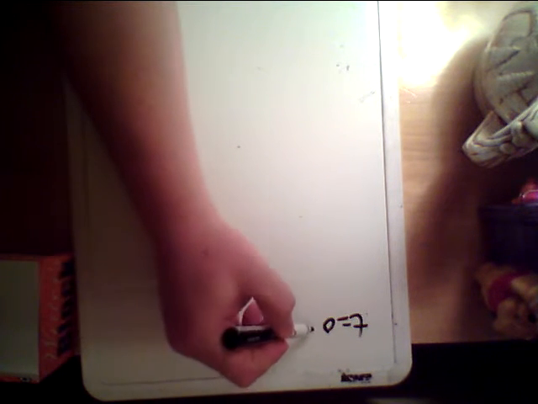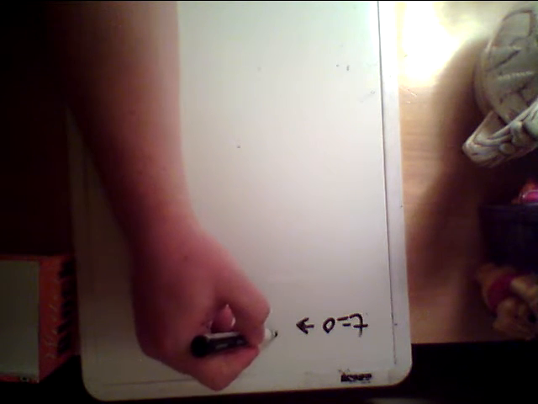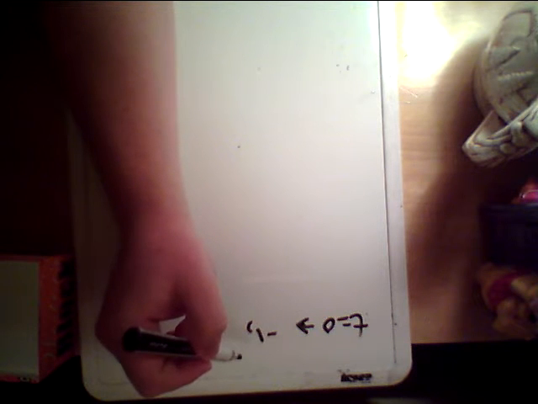So in the first question we are given a couple data points here. When time equals 0, then x equals -1 and y equals 6.